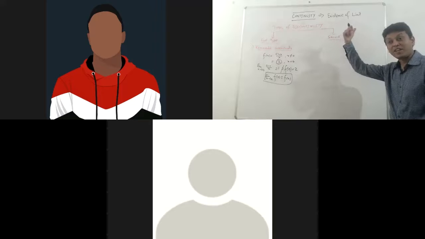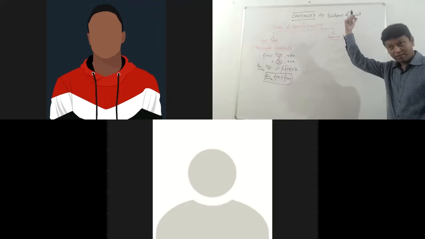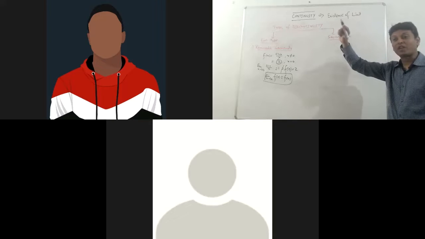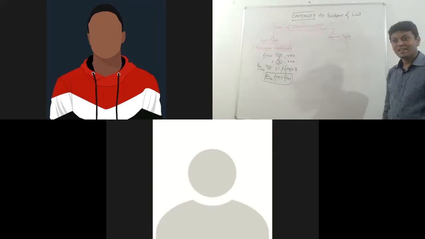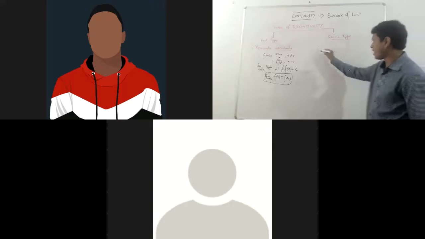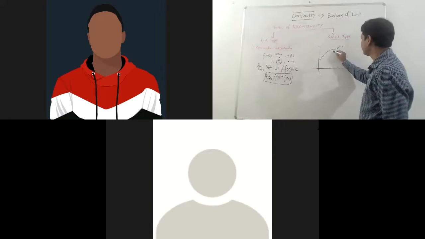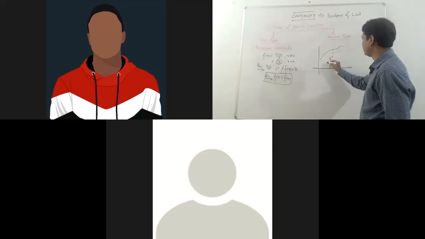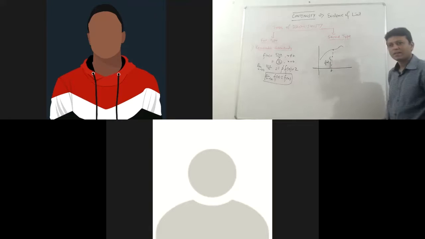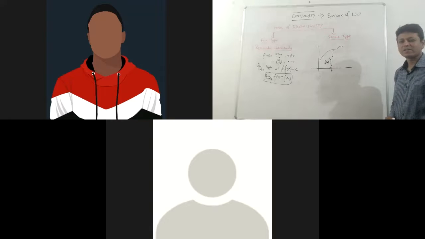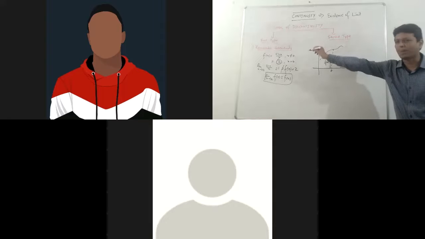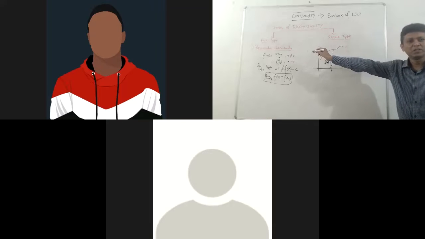That means in the previous diagram I drew, the functional value is at a different position and the limit exists. So this type of discontinuity is this diagram. Here is the functional value. The limit exists. Discontinuous. This is the example of removable discontinuity.